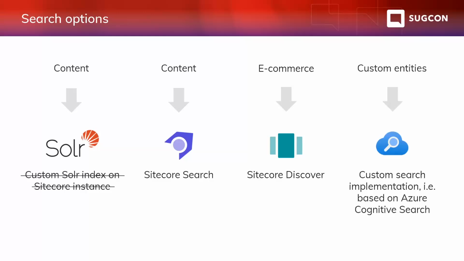But you can also use your own, and obviously you can have your own Solr instance completely separate from Sitecore, but this is more like a PaaS solution. You can use, for example, Azure Cognitive Search if you have custom entities that you want to search through. And that's what I'm also going to show you in my example.